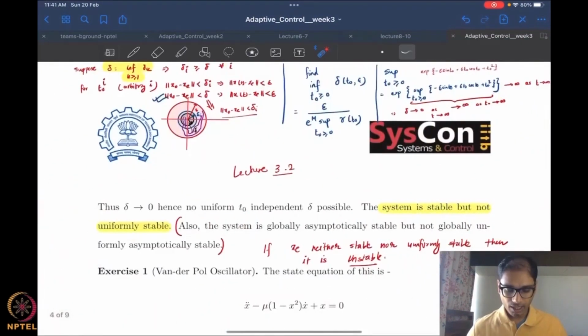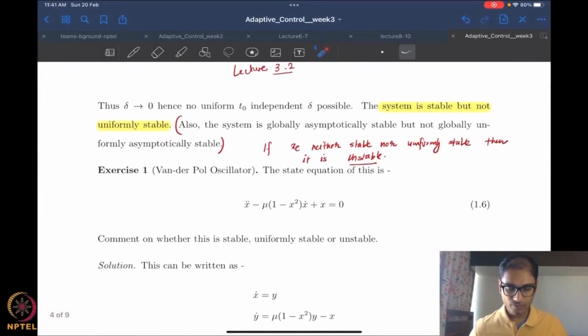We also looked very briefly at the van der Pol oscillator. What we want to do is complete discussing this van der Pol oscillator system in a little bit more detail today, before we go ahead.